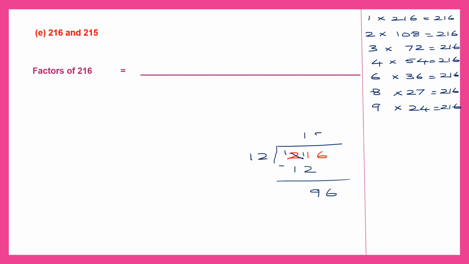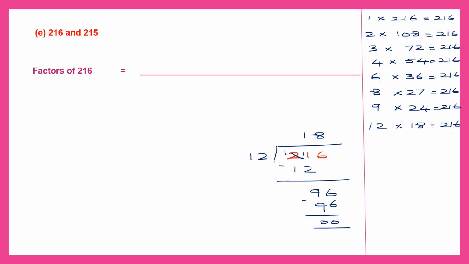Now 12 into 8. 12 eights are 96, minus 0. So here what do we have? 12 into 18. So let's write that down. 12 into 18 is 216.